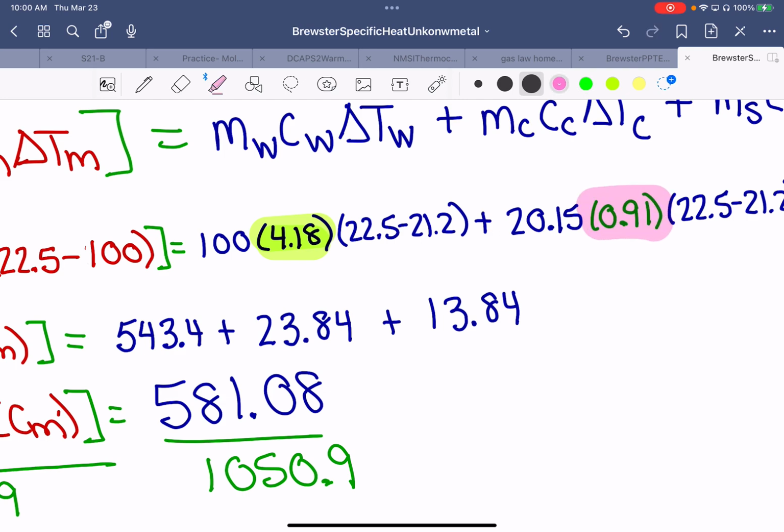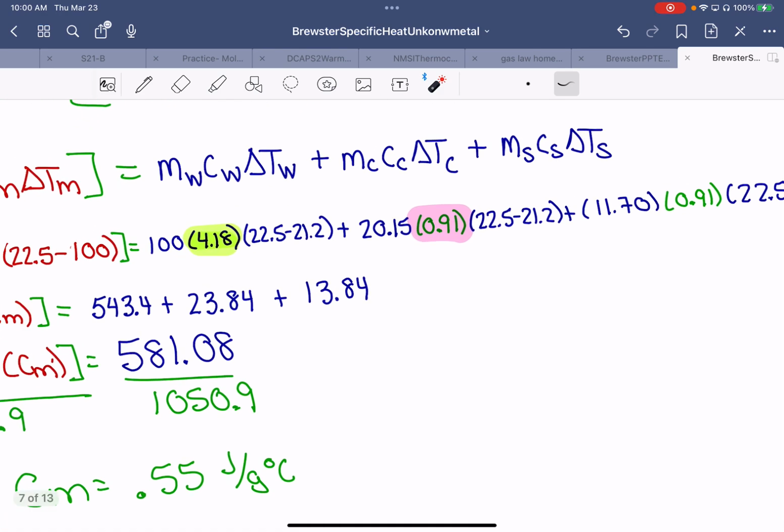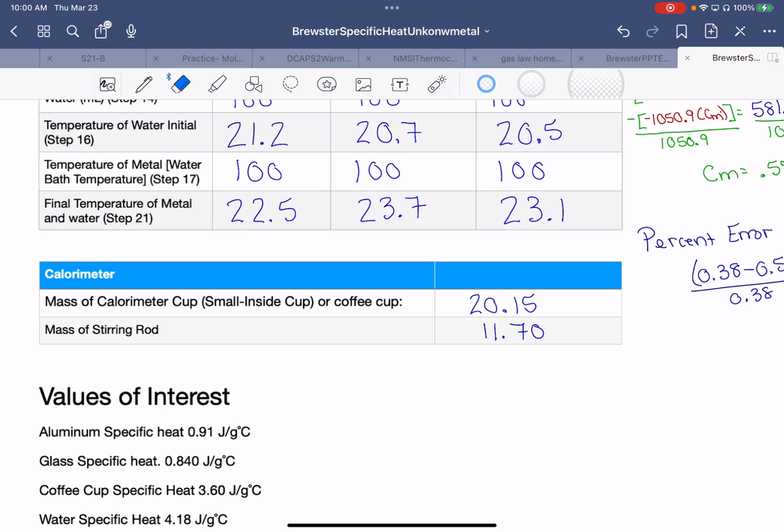The reason is the specific heat of that cup is set to be 0.91. The temperature change of this will be the same as the temperature change of my water. That doesn't change. Then I have to get the mass of my stirring rod, which is 11.70.